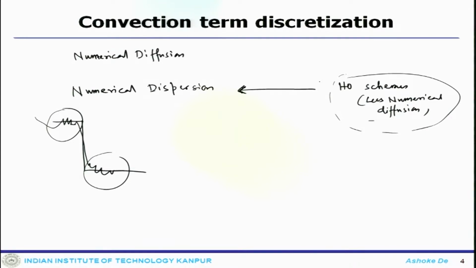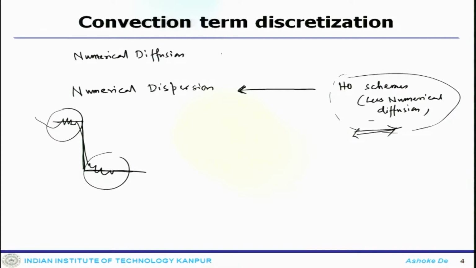So, they are not stable when there is a sharp gradient. It is essentially due to the stability problem of these different schemes. On one hand these are highly accurate because spatial accuracy is higher, like second order or third order, but at the same time they lead to some sort of wriggles or oscillations when there is a sharp gradient in the flow field. So, that is one problem.